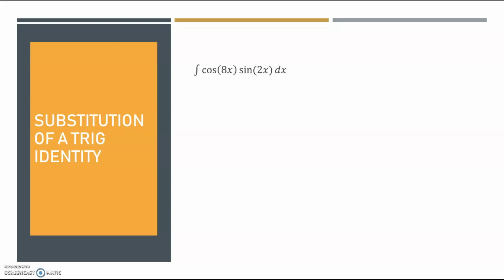This one requires us to use a different one of those rules. It requires us to use the one that says 2 cos a sine b equals sine (a plus b) minus sine (a minus b).